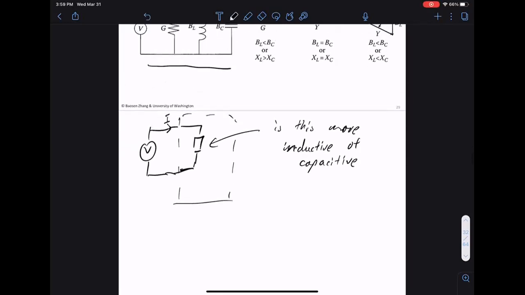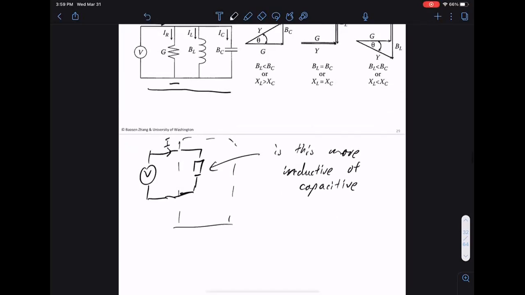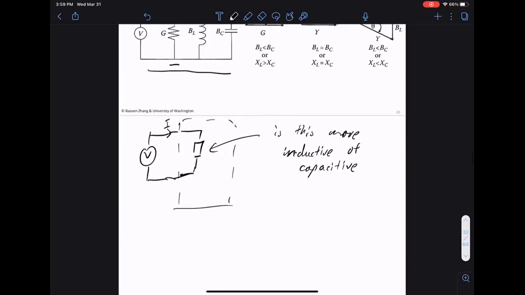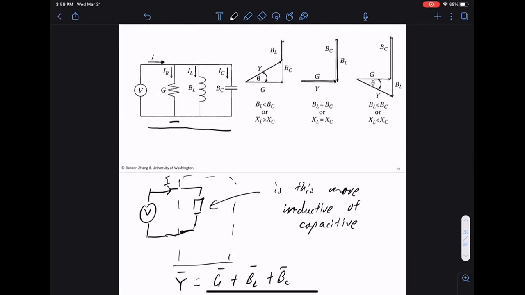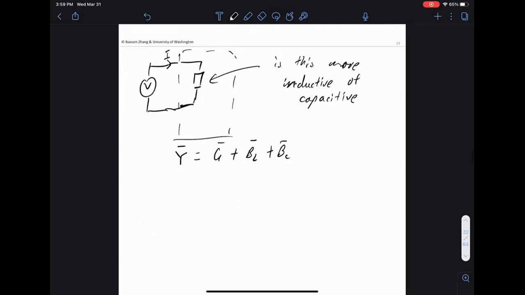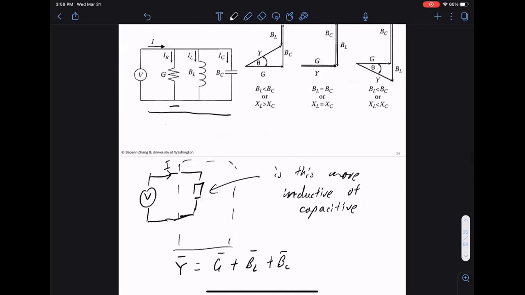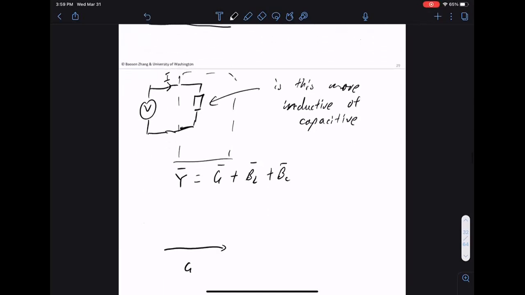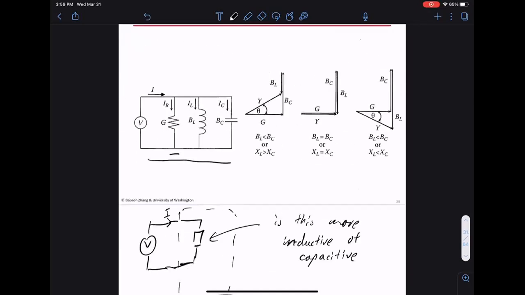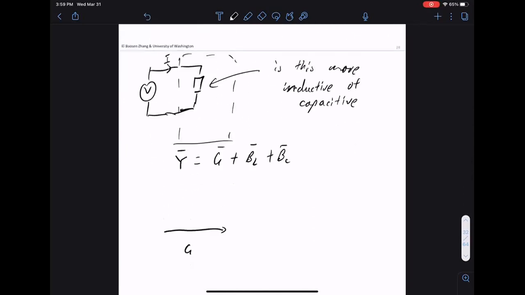The way you determine this is, recall Y is a summation of 3 terms. G is always 0 angle, so G has no imaginary part. This comes from this resistor. Now you can look at capacitor and inductors.